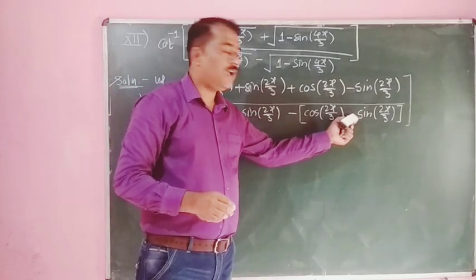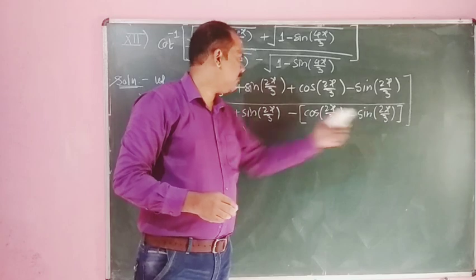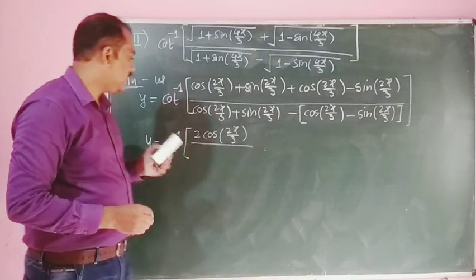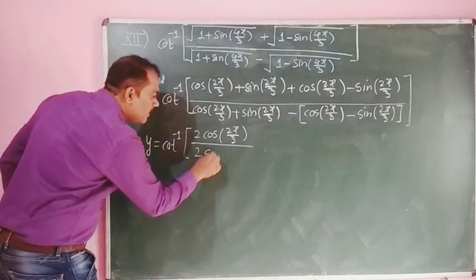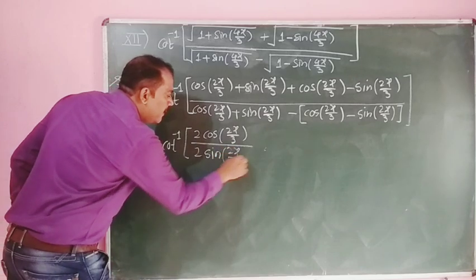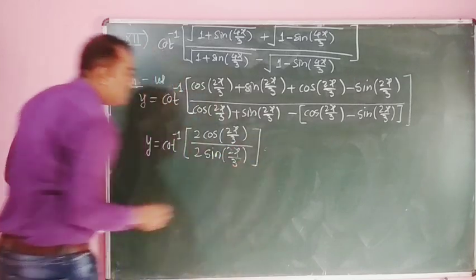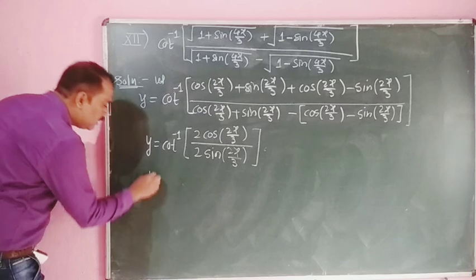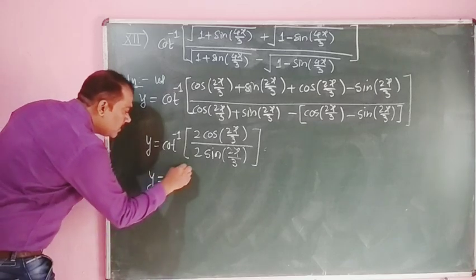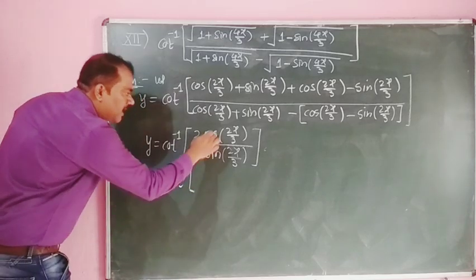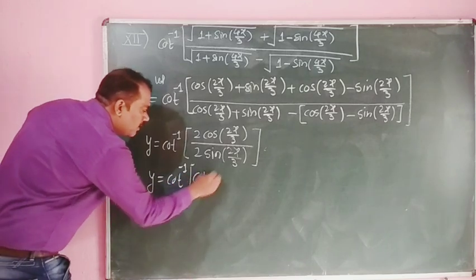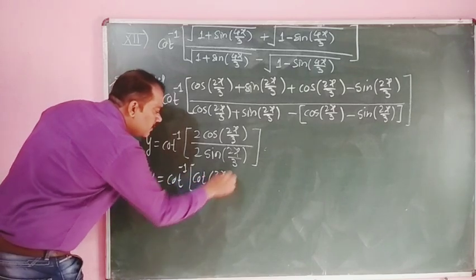This minus and this minus become plus, that is sin 2x by 3 plus sin 2x by 3, that is 2 times sin 2x by 3. 2 get cancelled, so that we get y is equal to cot inverse of, 2 get cancelled, cos upon sin is nothing but cot 2x by 3.